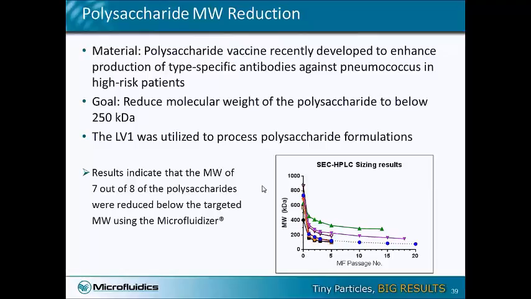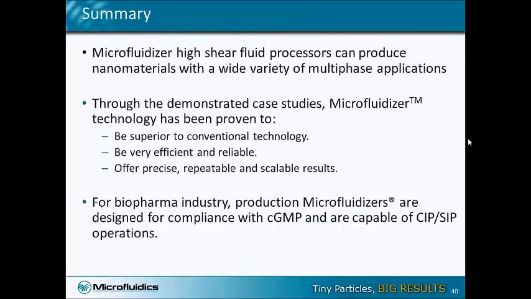With that, I want to conclude my presentation today. The take-home message is that Microfluidizer high shear fluid processors can produce nanomaterials for a wide variety of multi-phase applications. I hope the examples I showed prove that our technology is superior to conventional technologies.